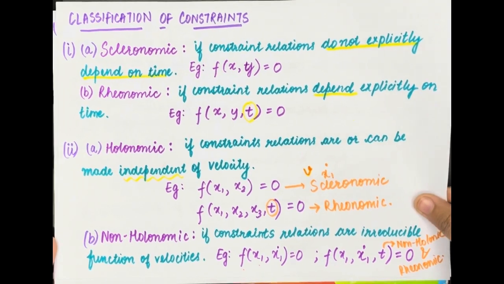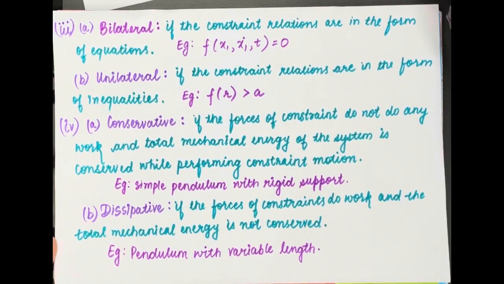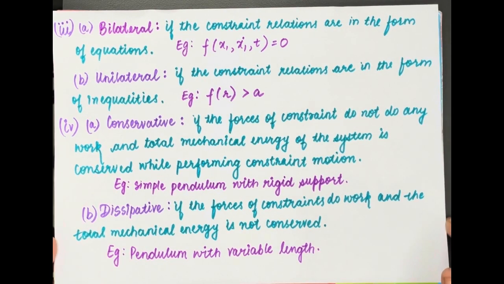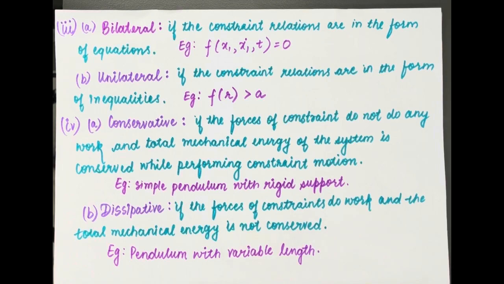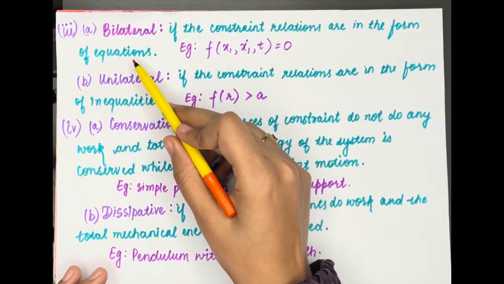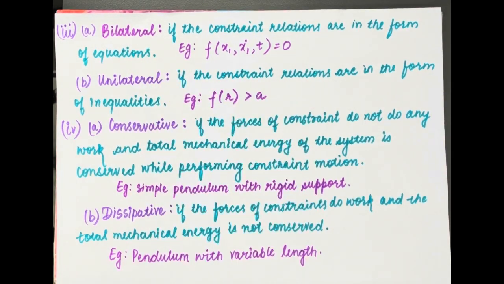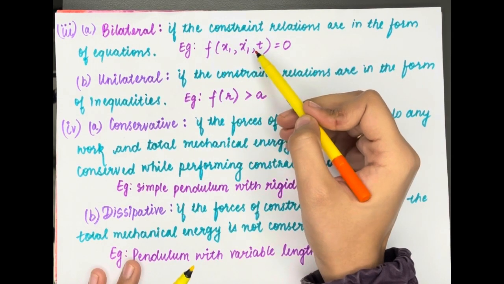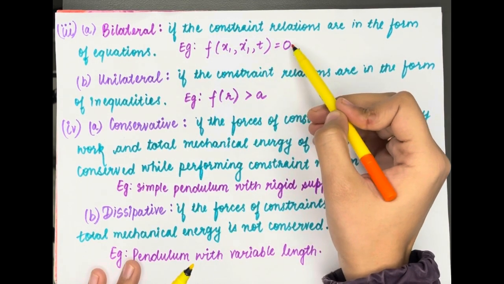Now let's study the third way of classifying constraints, which is on the basis of equality. If the constraint relations are in the form of equations, then it is bilateral. For example, this function f is a function of x1, x1 dot, comma t. It is equal to 0.